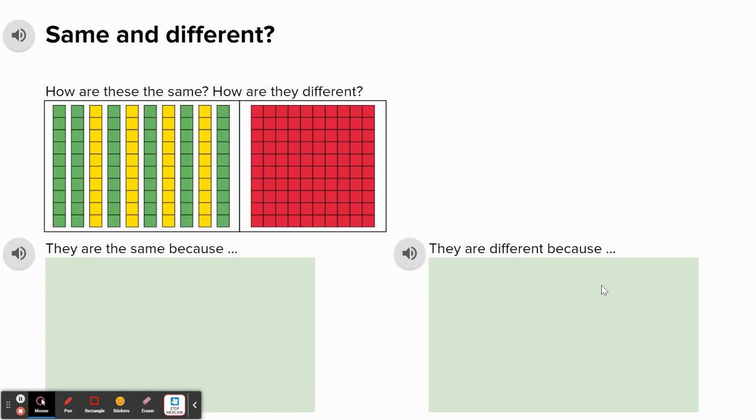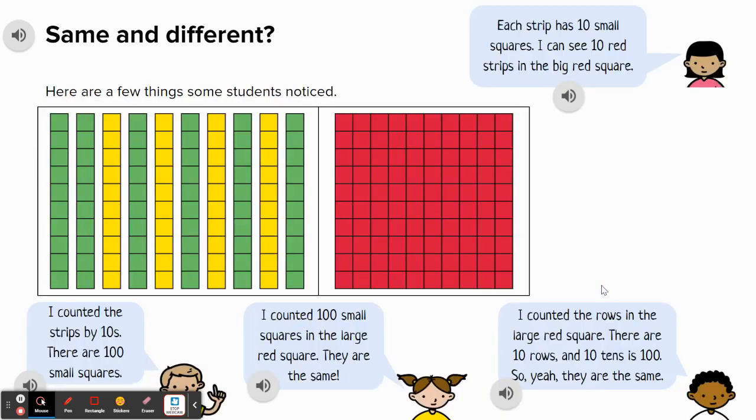Now take a look at this. How are these two pictures the same or different? What do you notice between the green and yellow and the red? Here's what some of your classmates said in small group.